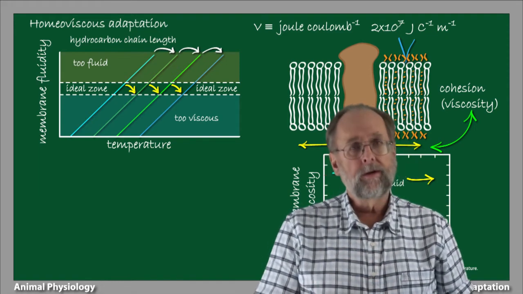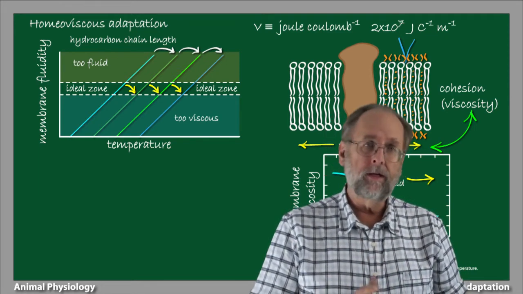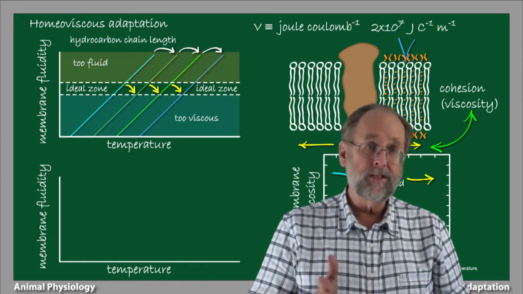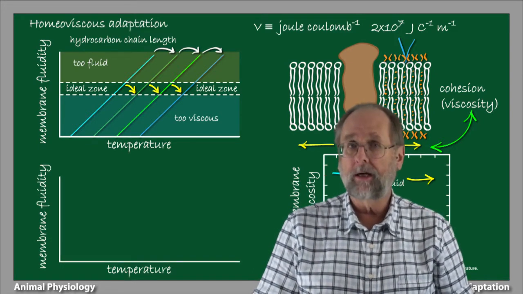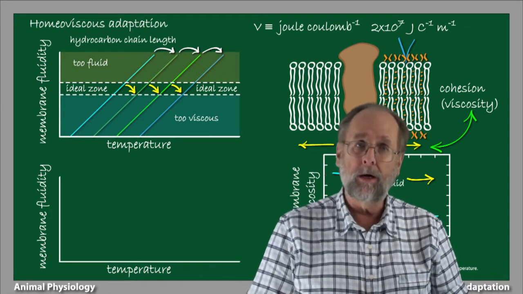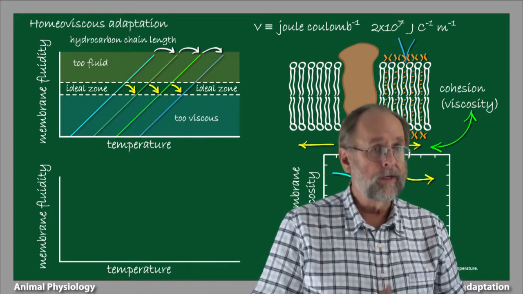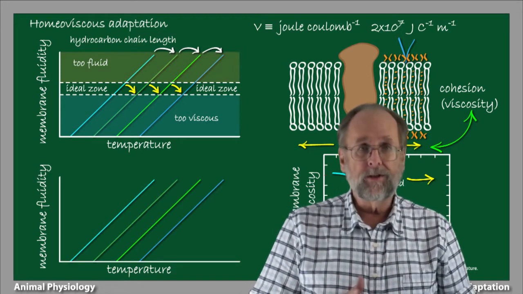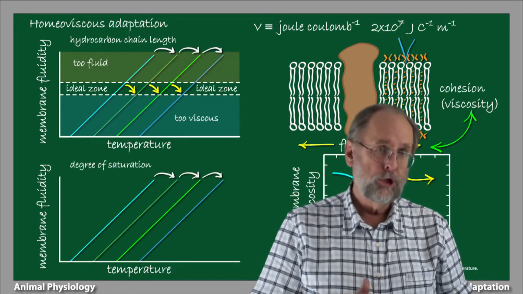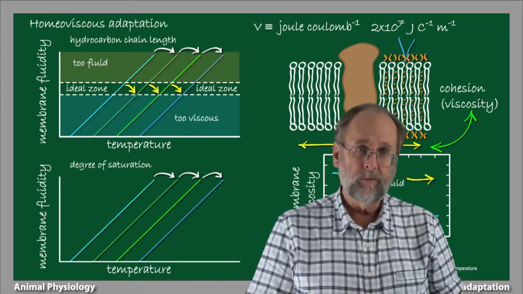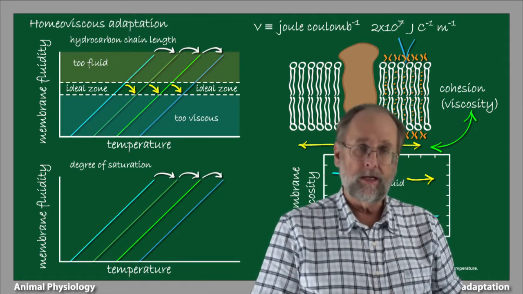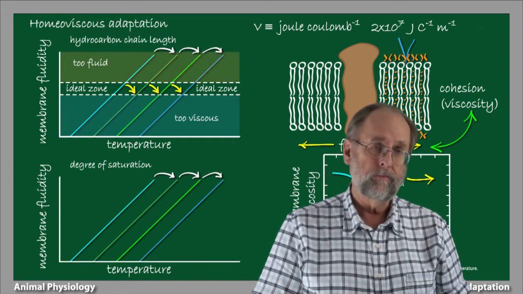Of course, length of the hydrocarbon chain is not the only thing that influences membrane fluidity. The degree of saturation, that is, the extent to which the hydrocarbon chain of the phospholipid lacks double bonds, also will affect fluidity and melting point. Specifically, phospholipids with saturated hydrocarbon chains should have a higher melting point and lower fluidity compared to phospholipids with unsaturated hydrocarbon chains.